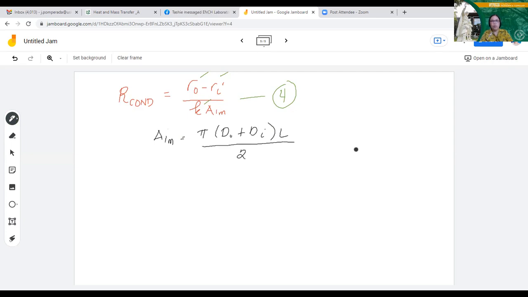We can substitute the values of the inside diameter and outer diameter in this particular formula. So we have pi, and I will read it from here: for inside diameter, we have 0.0266. For outside diameter, we have 0.0334. We divide this by 2, and we multiply this by the length.